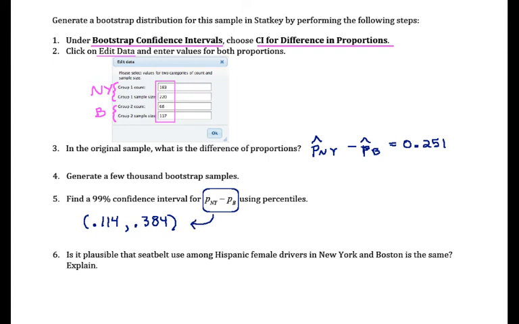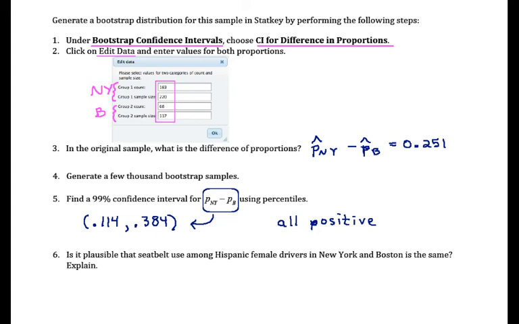And what we notice about this confidence interval is that it is all positive. It doesn't have a negative left endpoint and a positive right endpoint. The whole set of plausible values for this difference is positive, which tells us that the proportion in New York is, with a very high level of confidence, higher than the proportion in Boston. So that's how we're going to answer this next question.